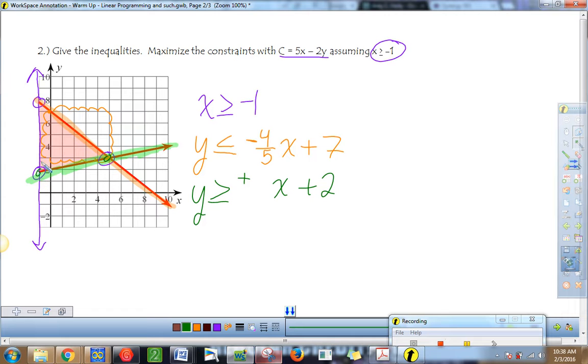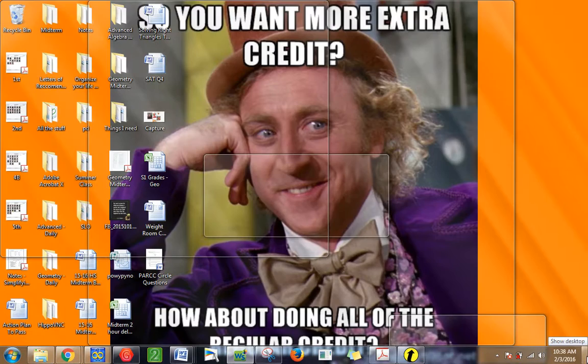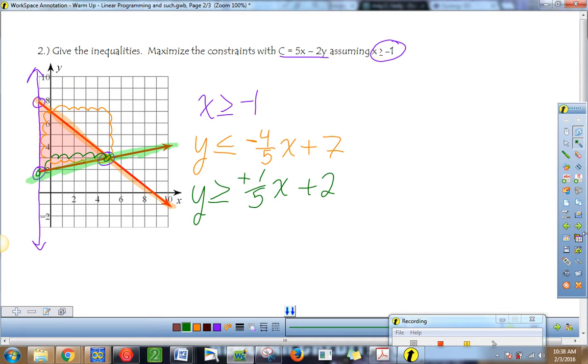So what is your slope? 1 over 5. Right? Yeah. 1 and then 1, 2, 3, 4, 5. There's your inequality. Cool? That's the inequalities, and then you gotta deal with the maximizing shenanigans.